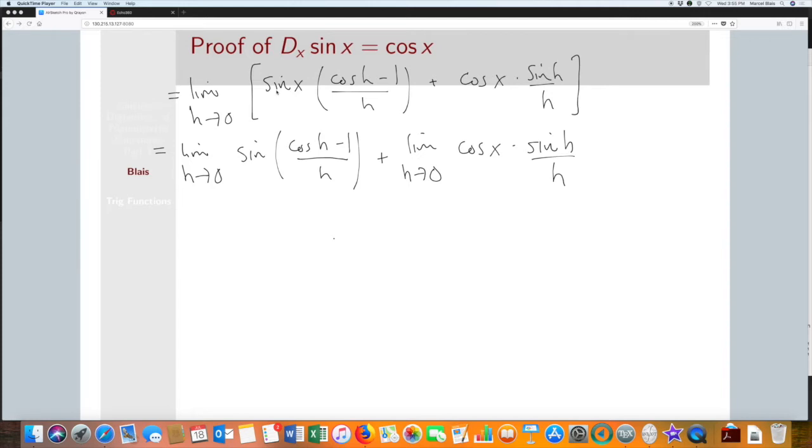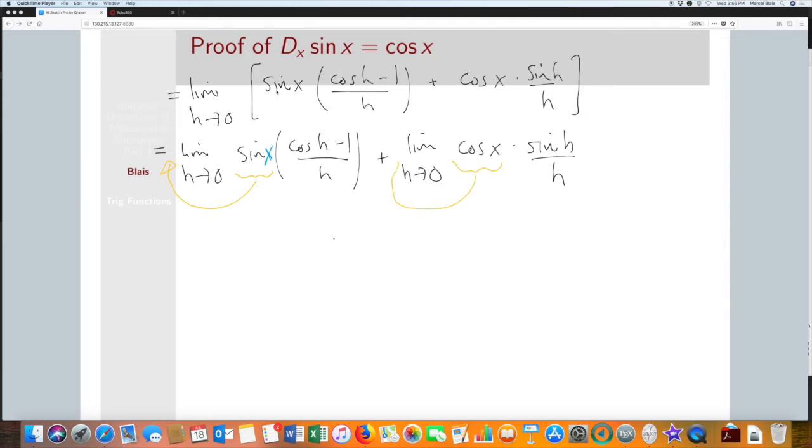Now, we note that in this first term, I did miss a term here, this should have been a sine of x. This sine of x term does not involve h at all, the limiting variable, which means as far as the limit with respect to h goes, it can be factored out. The same can be said of this cosine of x.